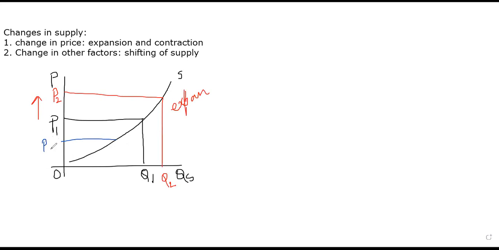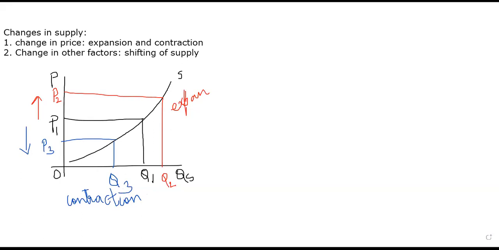Price falling to P3 causes the supply of the commodity to fall to Q3. This reduction of price causes contraction. Same concept, but the only thing is the direction of the movement of price and quantity defines the expansion and contraction of demand and supply.